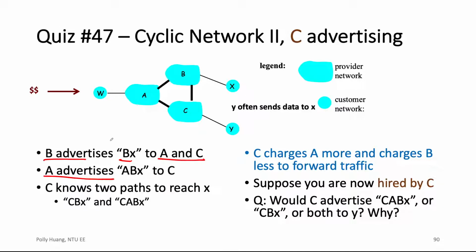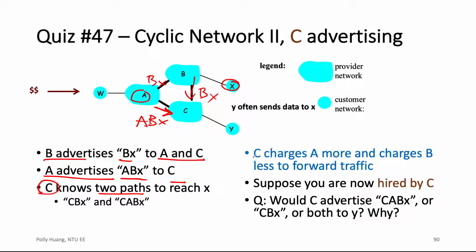A advertises further ABX to C, because A, after receiving BX from B, can append itself, ABX, and then send that to C. C at this point will know, hey, there are two paths to reach X. So there's BX coming this way and then ABX coming the other way.